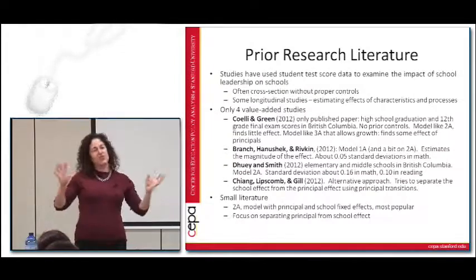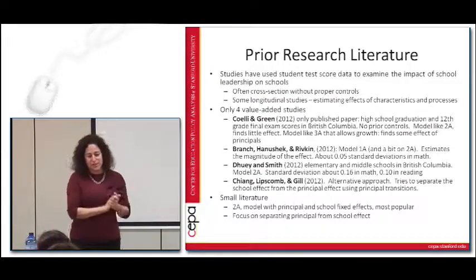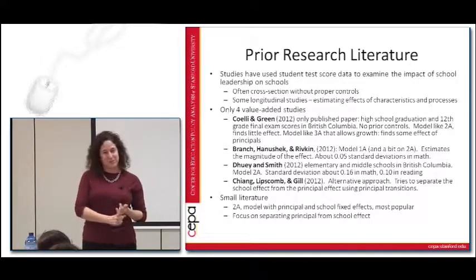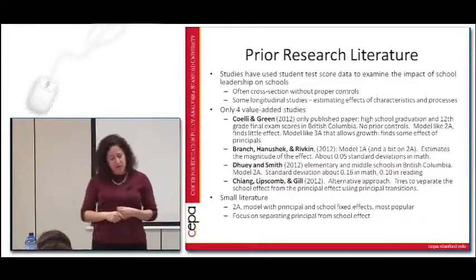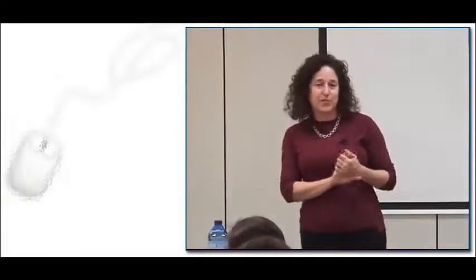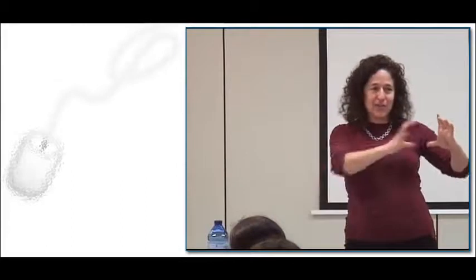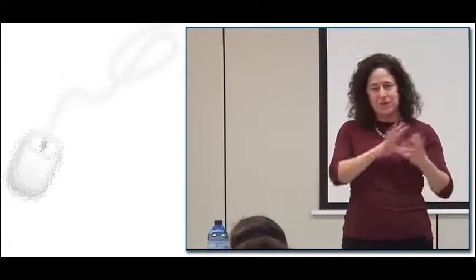The first model just has controls, so it looks at how much students learn in a particular year, controlling for whether the student qualifies for free or reduced price lunch, which is our measure of poverty, whether they're limited English proficient, so whether they're learning English, whether they've repeated a grade, the number of days they miss school due to absence or suspension in the prior year, race, gender, and then we aggregate those up to the classroom characteristics, so that we are controlling for peer effects in the classroom, and then we aggregate them to the school to control for school characteristics.